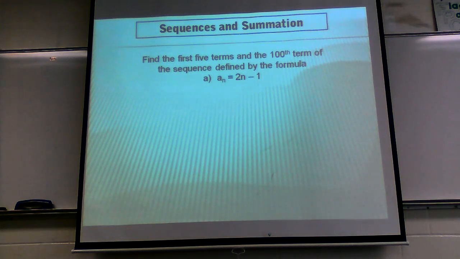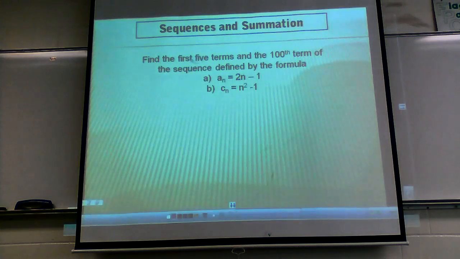The key is that if you put the first 5 there, you can see a pattern. It doesn't go beyond you just plugging in. The first 5 terms would be n equals 1, n equals 2, 3, 4, 5, and then n equals 100.